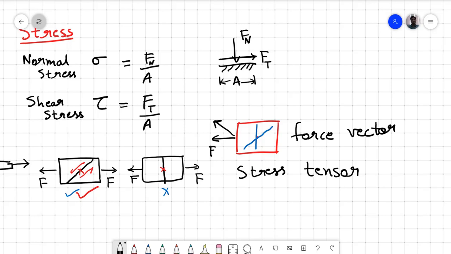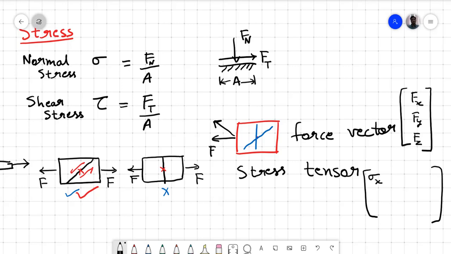Okay, so a force vector you can represent as a row vector or a column vector. You can say fx, fy, fz if you are representing it in Cartesian coordinates. But for a tensor you have to write 9 components.